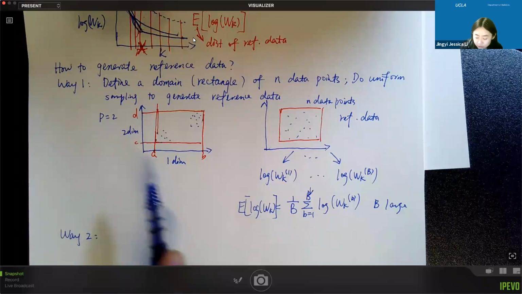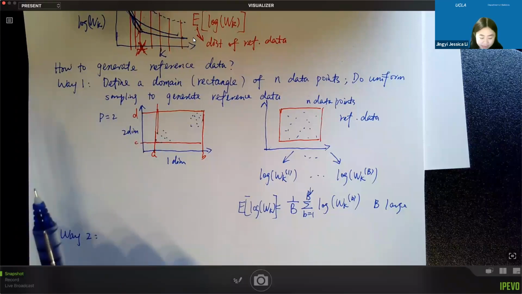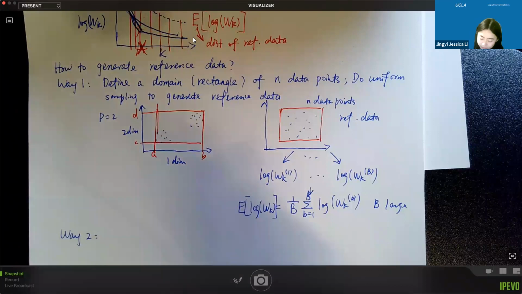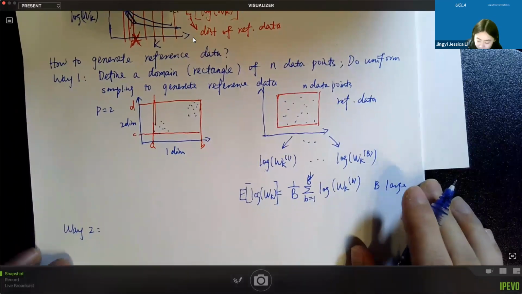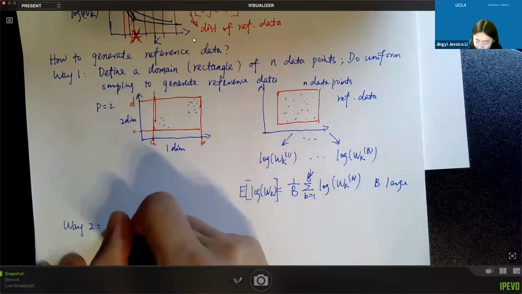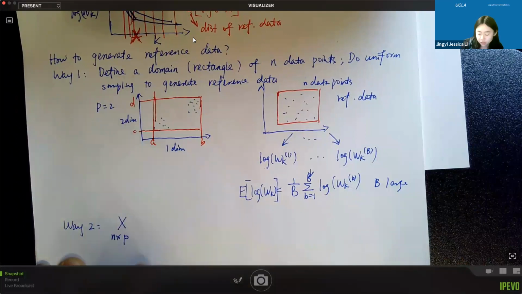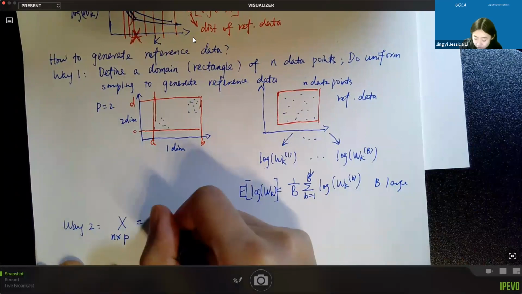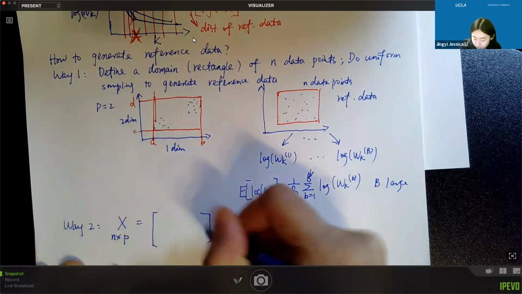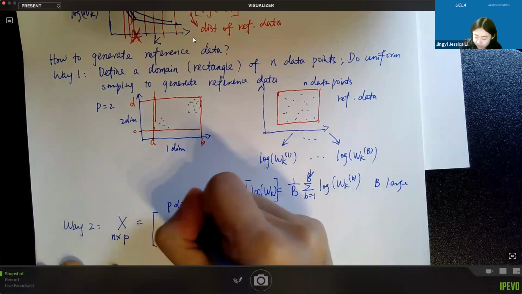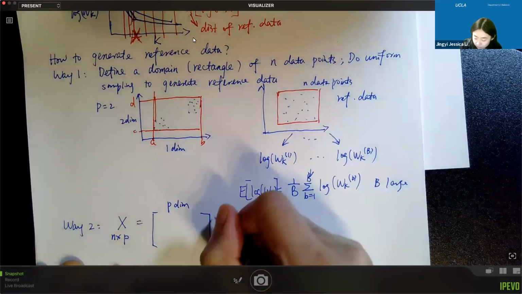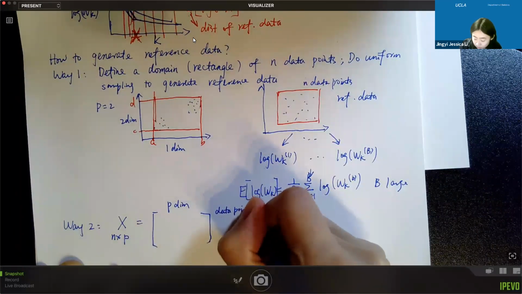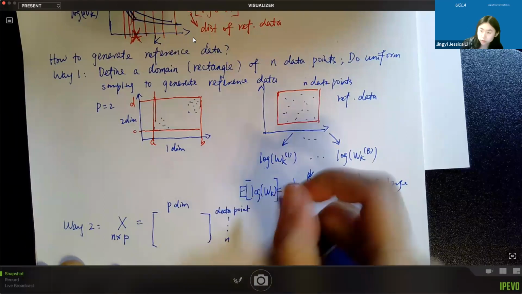Let's say we put it as an n by p matrix. So you have n data points, and each data point is p dimensional. The columns will be the p dimensions, and the rows will be data points 1 to n.